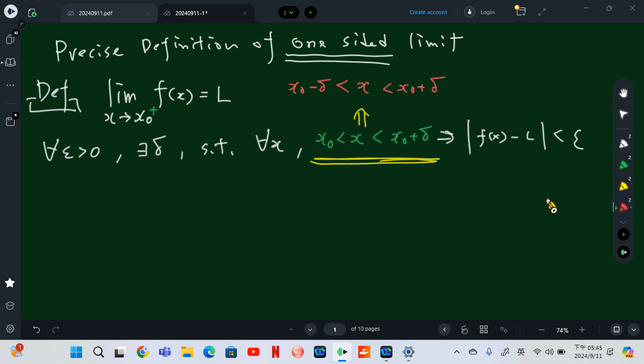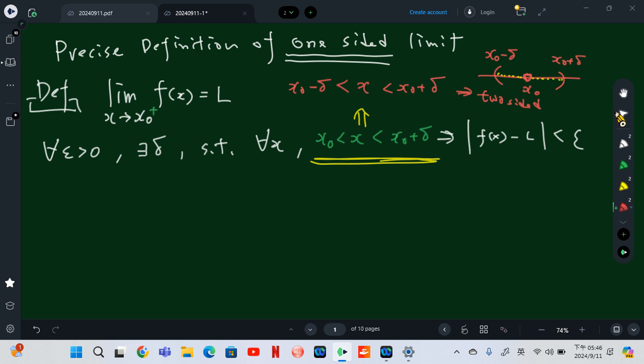So two-sided means x0 is here, then x0 minus delta to x0 plus delta. And we just pay attention to this point, right? We just pay attention to this point. So this is for two-sided.